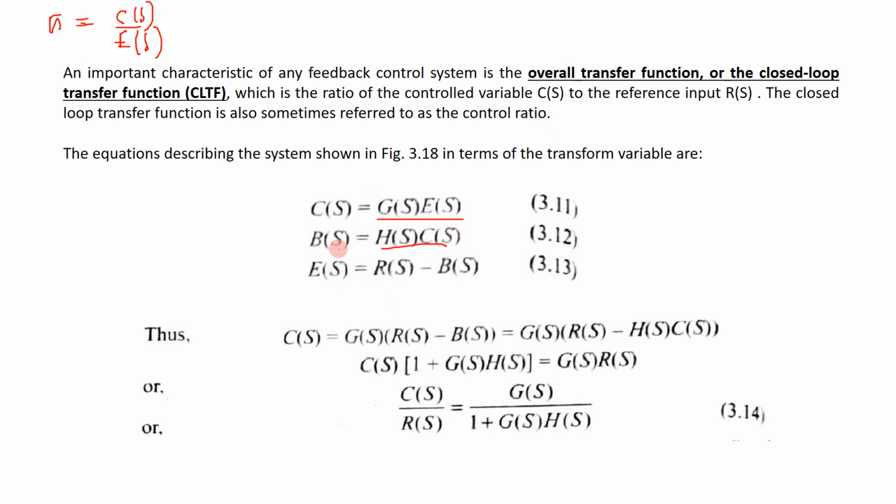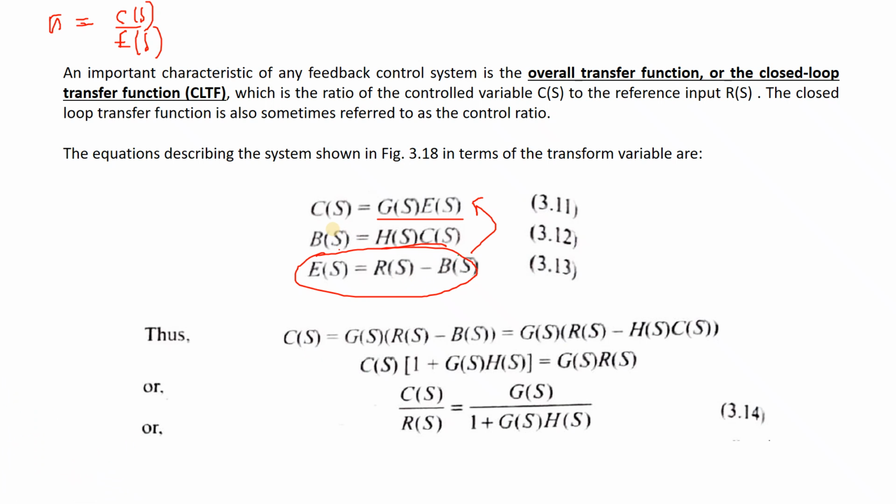Now we will replace this value in this equation. Then CS equals GS into RS minus BS.